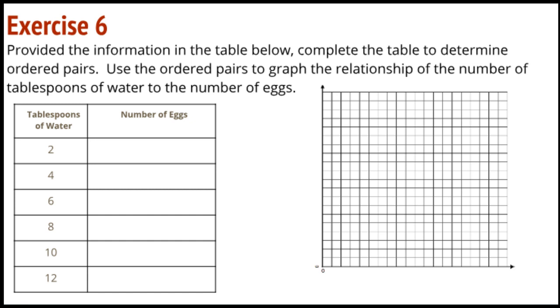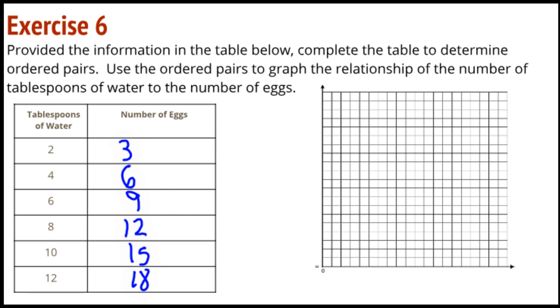So it's 2 to 3, and this would be 6, and this would be 9, and this would be 12, and this would be 15. And then 18. There we go.